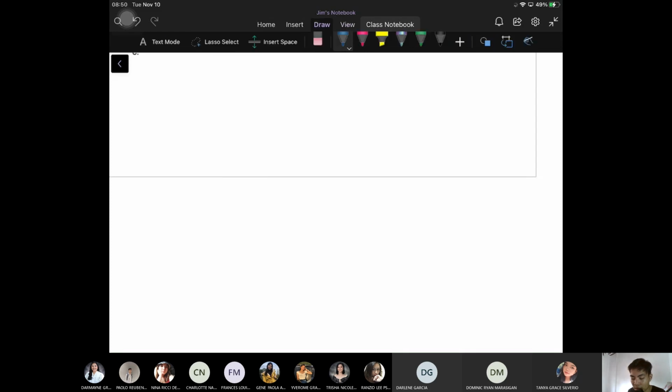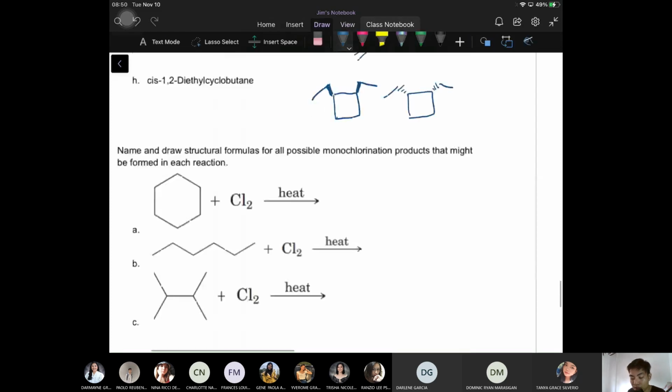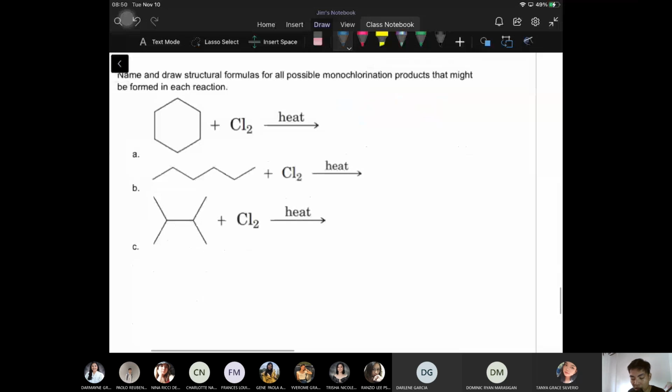Focus tayo dito sa new reaction, which is the chlorination reaction or halogenation reaction. So, ano meron dito sa halogenation reaction? Basically, what is a halogen? Halogen is an atom of group 7. No? So, sila yung fluorine, bromine, chlorine, iodine.